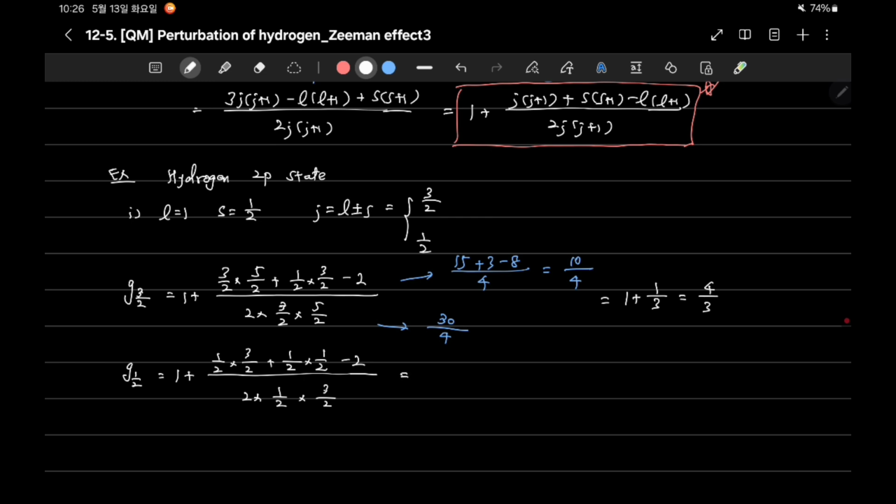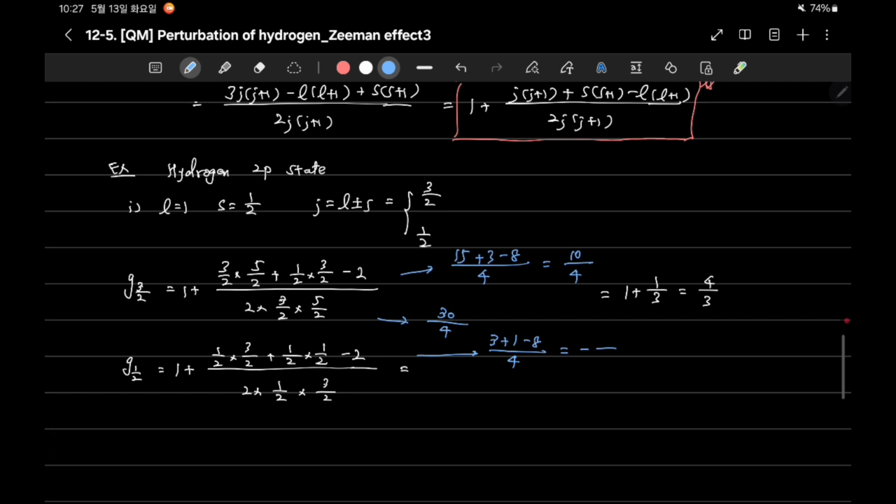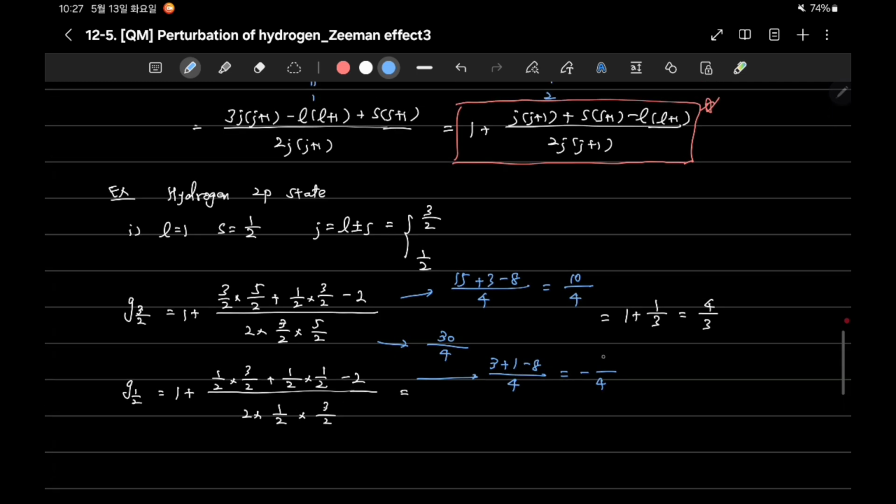Then in this case the numerator is 3 plus 3 minus 8, I'm sorry, it is 3, so it is 3 minus 2, and here it is 6 over 4.